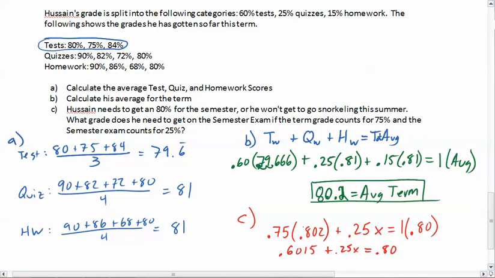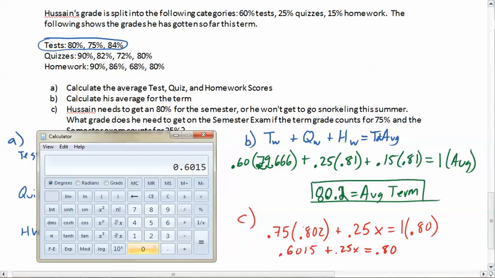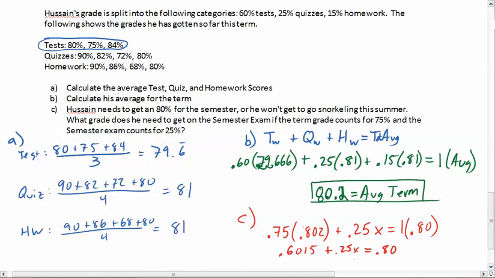We subtract the 0.6015 and divide by 0.25: 0.80 minus 0.6015, divided by 0.25. As you would probably expect, you need something close to a 79. So x equals 79.4%, which is what he needs to get that 80%.